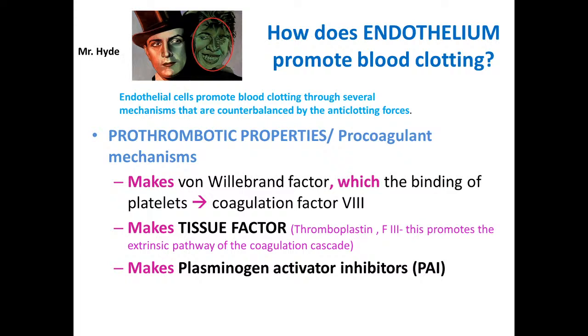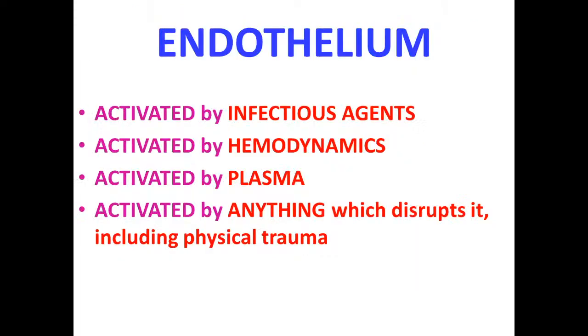This promotes the extrinsic pathway of the coagulation cascade, and they make plasminogen activator inhibitors, PAI. Endothelium is activated by infection, hemodynamic forces, plasma factors, anything which disrupts it, including physical trauma.